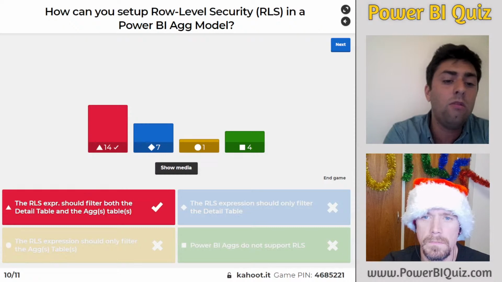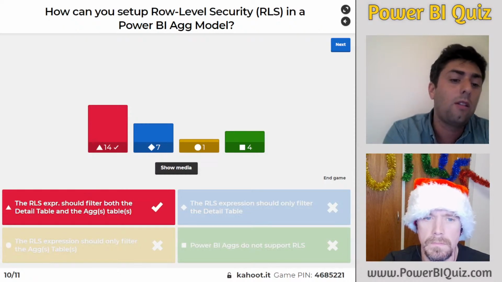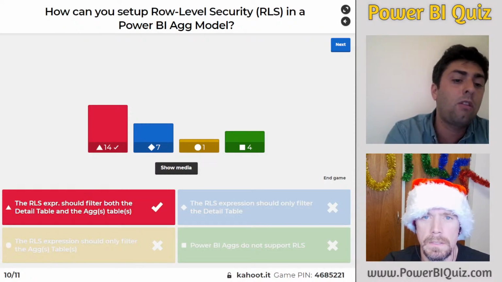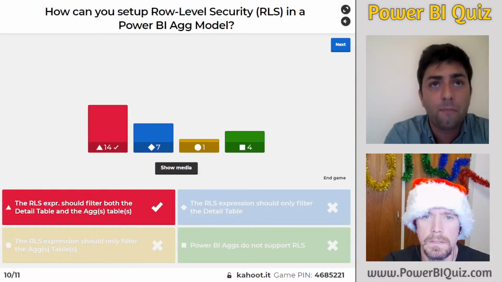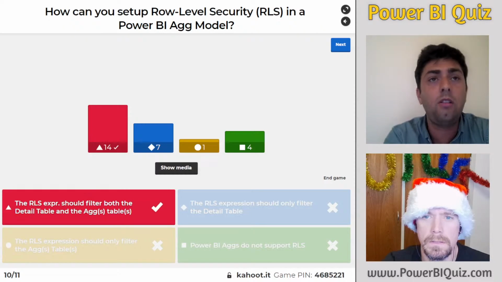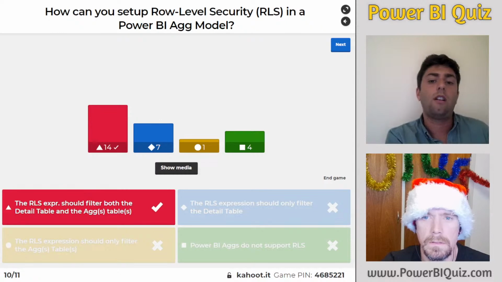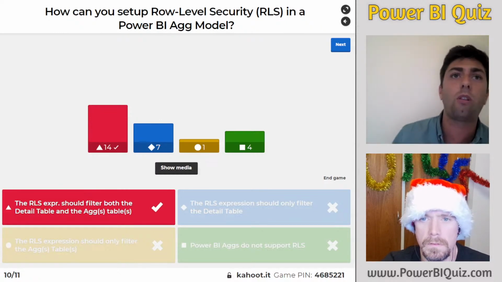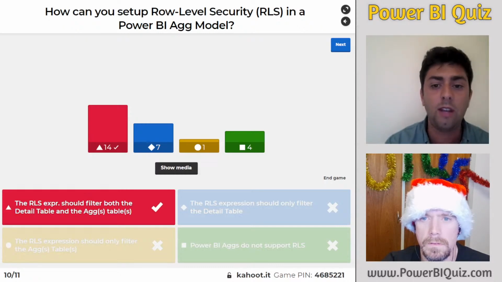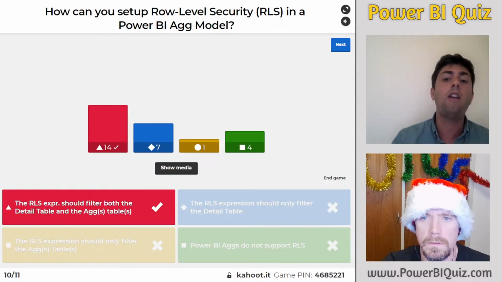But now you have to put a filter both on the detail table and the aggregated table, which, as Mark says, if you put a filter on a table, for example, a dimension table, which is linked to both the detail table and the aggregated table, it works. It works indirectly, right? If you put a filter, for example, on a dual dimension table, it will work. Why?